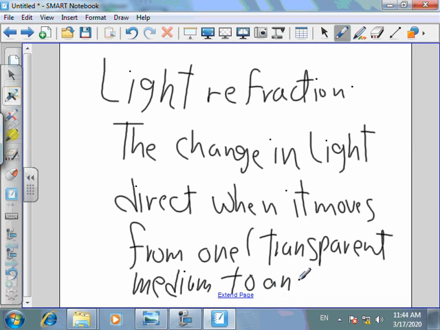For example, the first transparent medium is air and the second one is water.